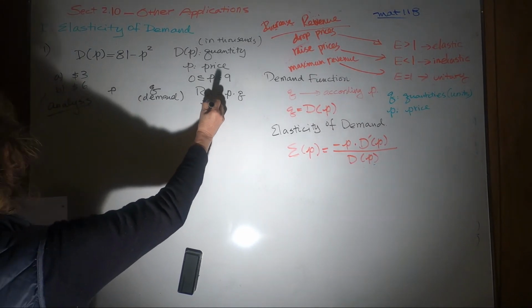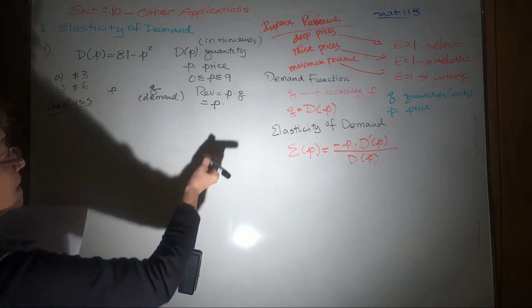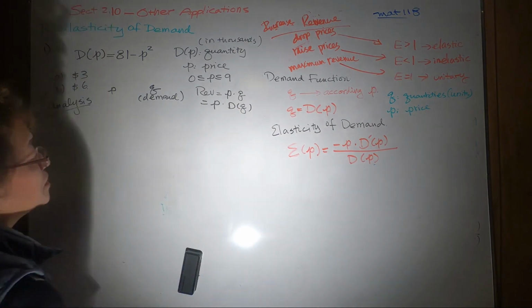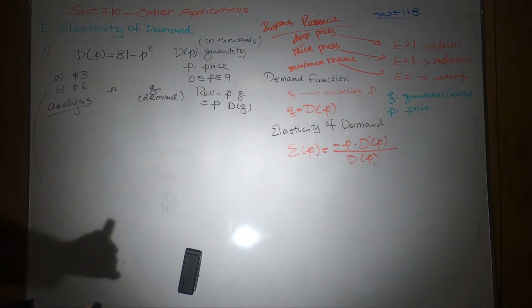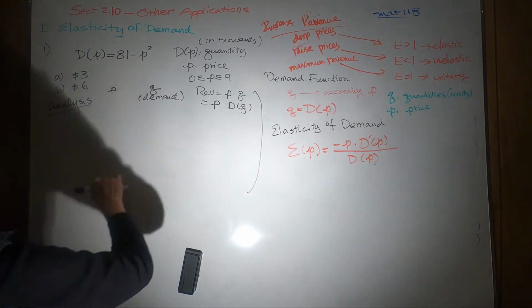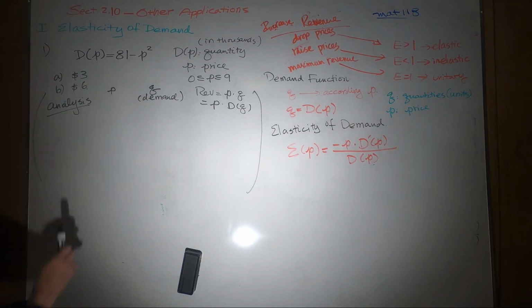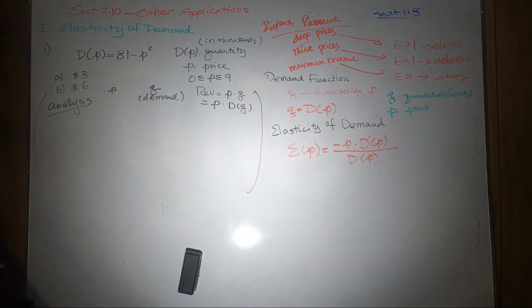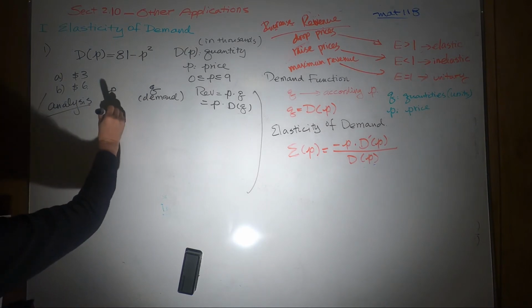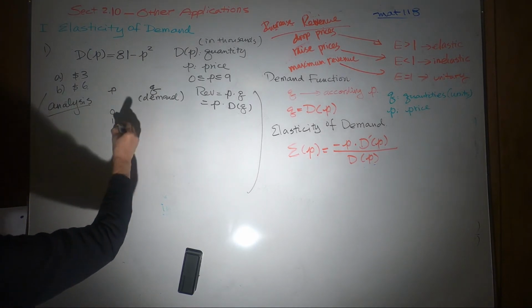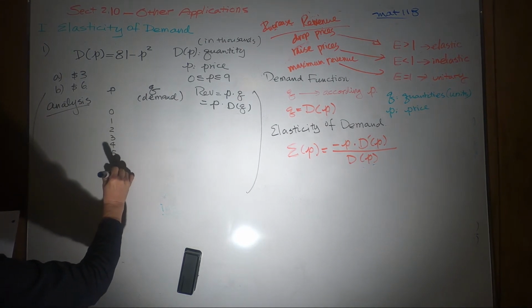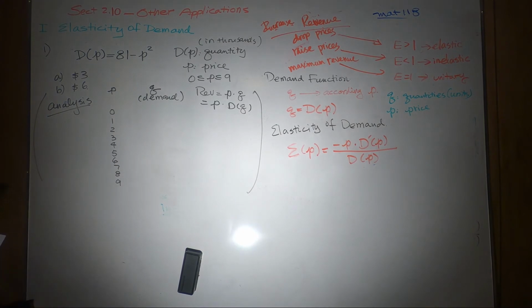So then price, do we know the price? Not yet. Then quantity, your demand function depends on your price, right? Because the quantity is a function of P. So we say, okay, put in 0, 1, because the range is 0 to 9, then 2, 3, 4, 5, 6, 7, 8, 9, right?